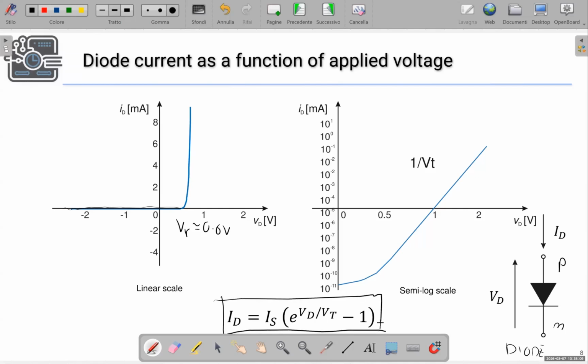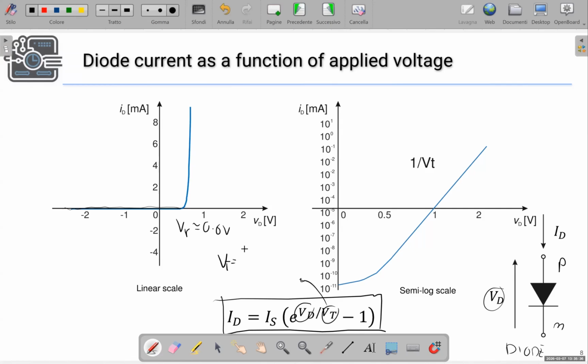The current is proportional to a constant related to the dimension of the junction and to the technology, that is IS, times an exponential factor of the applied voltage VD divided by Vt, which is a physical constant.